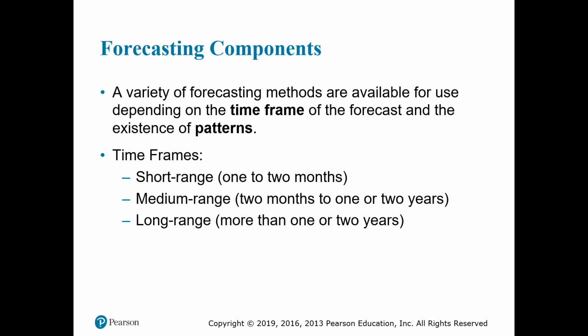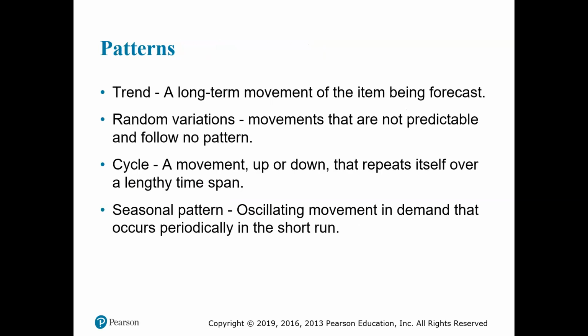A couple terms that we should be aware of: we have a trend, a long-term movement of the item being forecast, and that's something that we can see when we draw a graph of the data. We can see if there's any trend in that, and that then helps us determine the appropriate forecasting method.